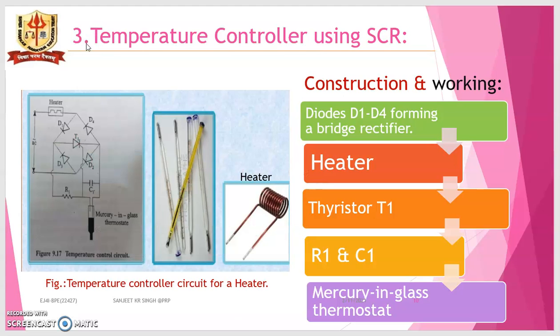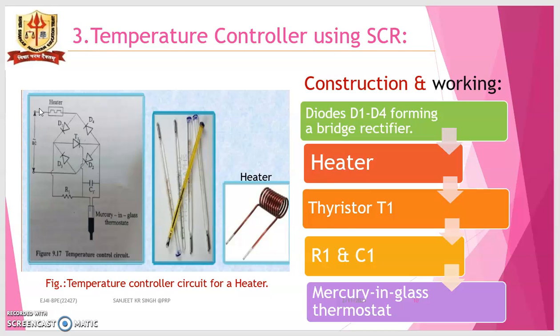Then the third topic here is the temperature controller using SCR. In this circuit, what are the components used? Here we have the diodes D1, D2, D3 and D4 forming a full wave bridge rectifier, with the SCR connected between the two points here, the main controlling device.